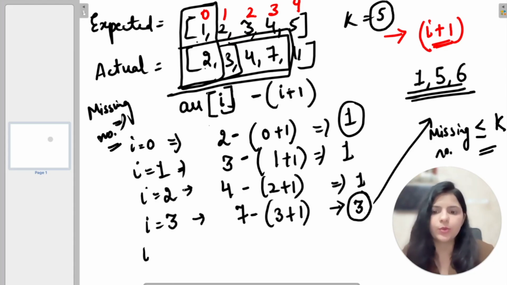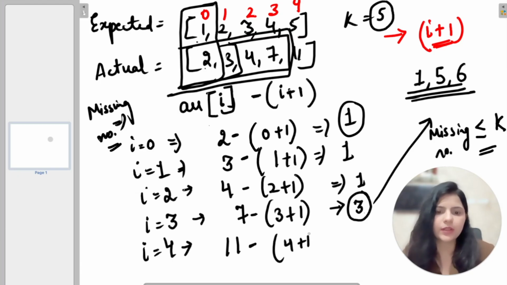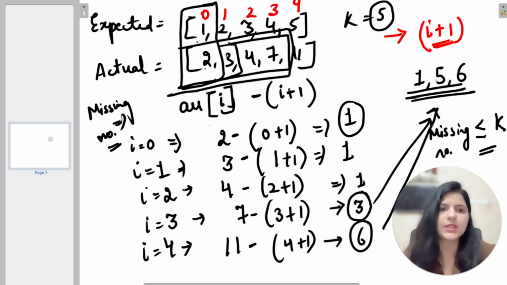Now, when you go I is equal to 4, number is 11. 11 minus 4 plus 1. 6 numbers are missing, right? So you can see here how many numbers are missing? 6. Which 6 numbers are missing?